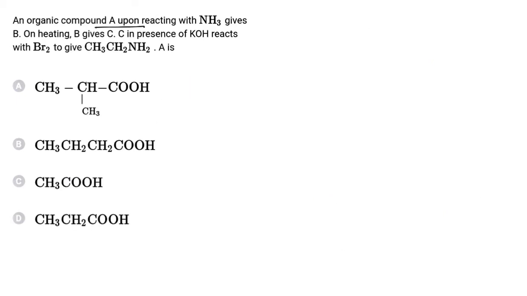An organic compound A upon reacting with ammonia gives B, on heating B gives C, which in presence of KOH reacts with bromine to give CH3CH2NH2. So, the organic compound which will react with ammonia is CH3CH2COOH.